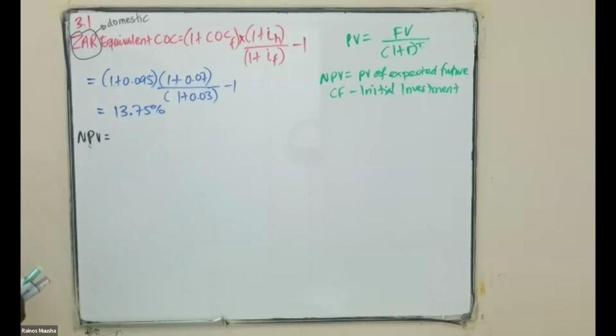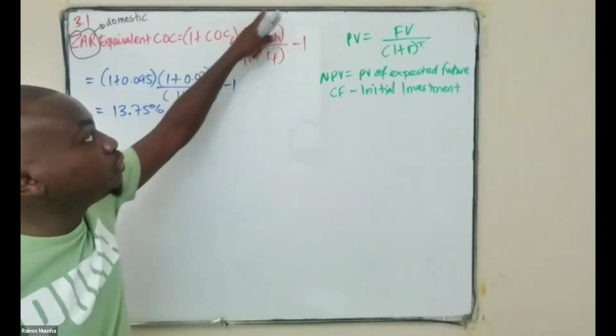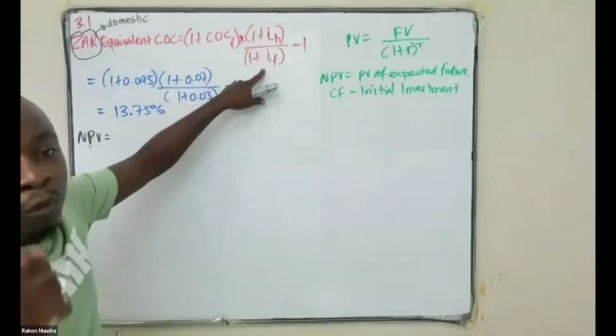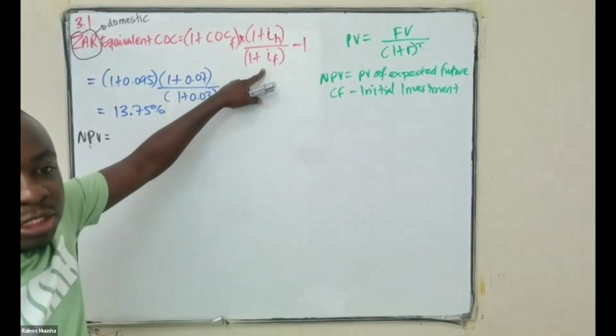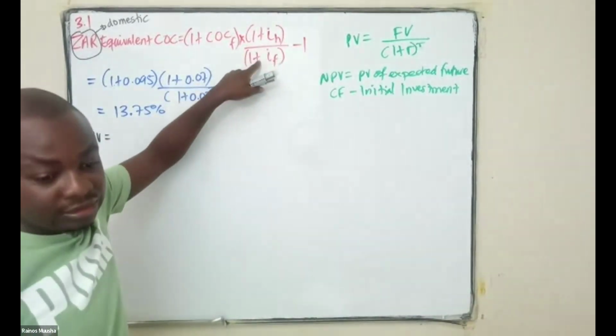On all the information, the cash flows are already in ZAR, but the cost of capital is in what? Is in dollars. So we need to convert, given that there is an inflation relationship between exchange rates. This adjustment is just trying to show that the movement in exchange rate is based on the relationship between the change in inflation between the two currencies.